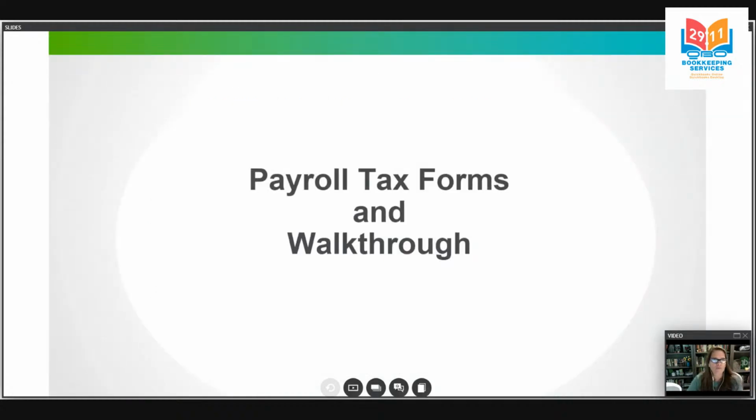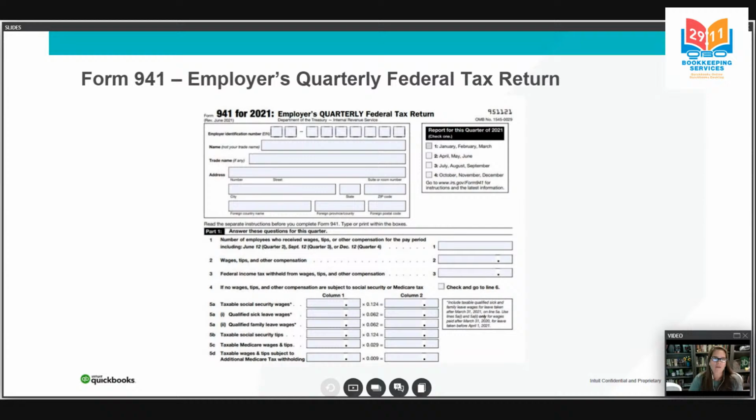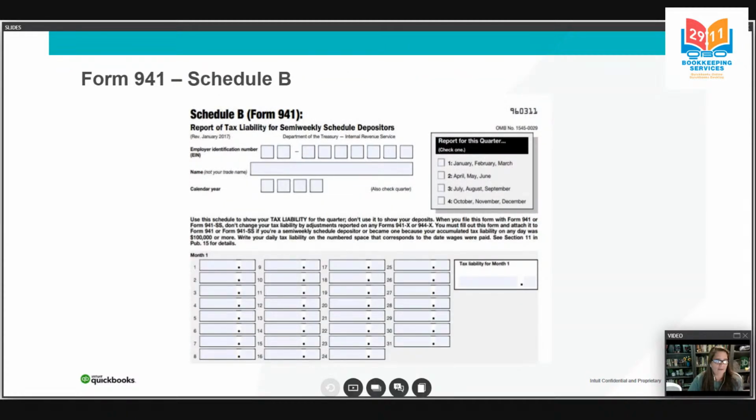Payroll tax forms. The 941, this is an employer's quarterly federal tax return. This is due after every quarter. I'm not going to walk through each section, but just know you have to file this every quarter. It's due the month following the end of the quarter. We have the Schedule B, which determines if you deposited your federal employment tax liabilities on time.